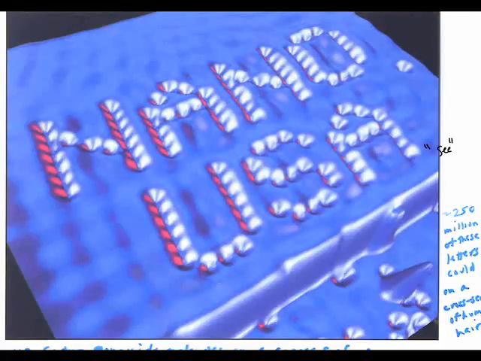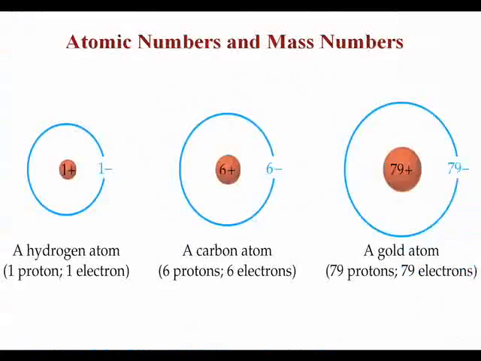I'm not going there in this class, but these are actual reflections from atoms. You put 250 million of these, you could make the cross section of a human hair. Okay, so let us now look at a cross section of a single atom.